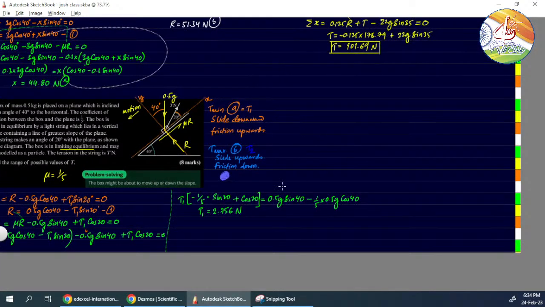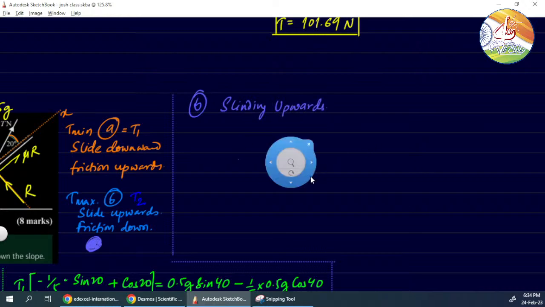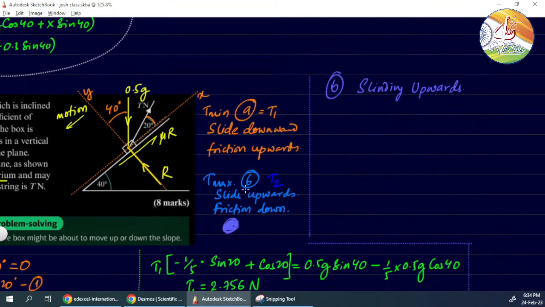Next, we have to take B bit. B bit, what will happen in B bit? Sliding upwards. It will try to slide upwards. Okay, so the direction of friction will change here.